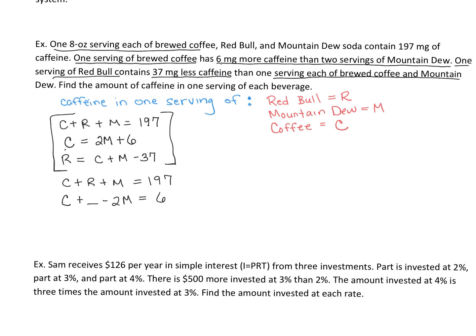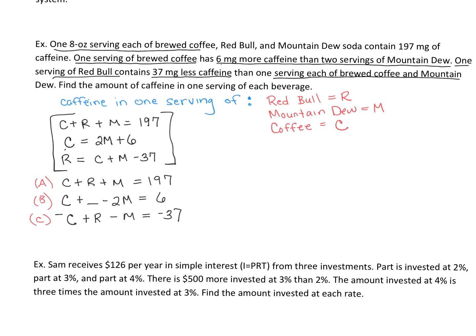And then I'll subtract the C and the M on the last one, and I'll get minus C plus R minus M equals minus 37. So here we have our equations. I'm going to label them A, B, and C.